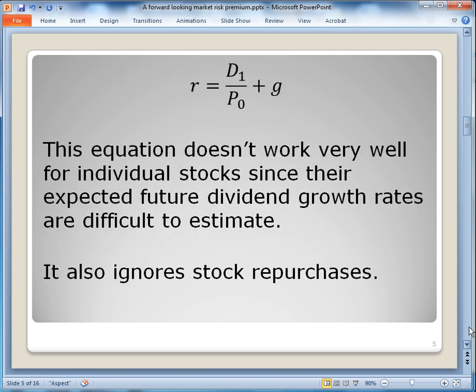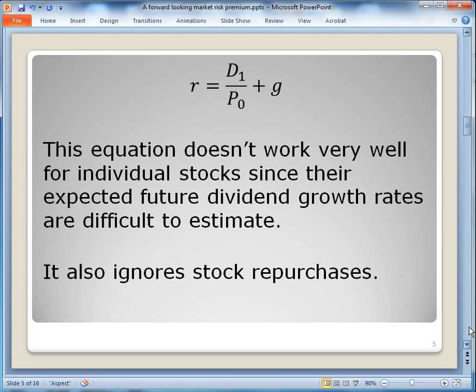Now, as I said just a minute ago, the equation doesn't work very well for individual stocks because these long-run dividend growth rates are difficult to estimate, and as a matter of fact, it's not even true that very many stocks even have a long-run stable growth rate.